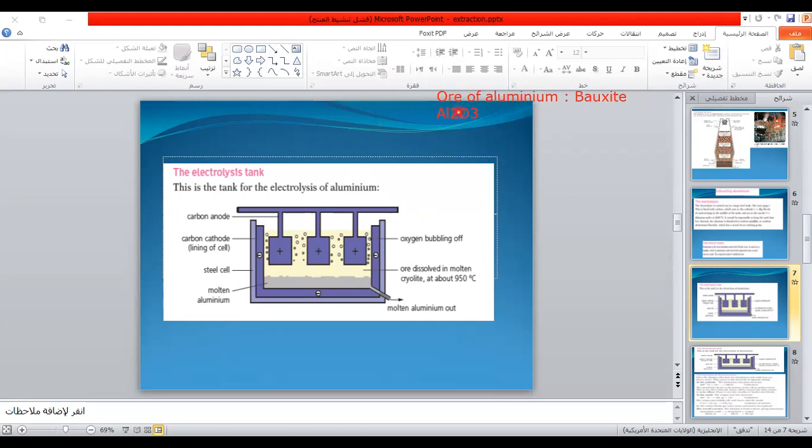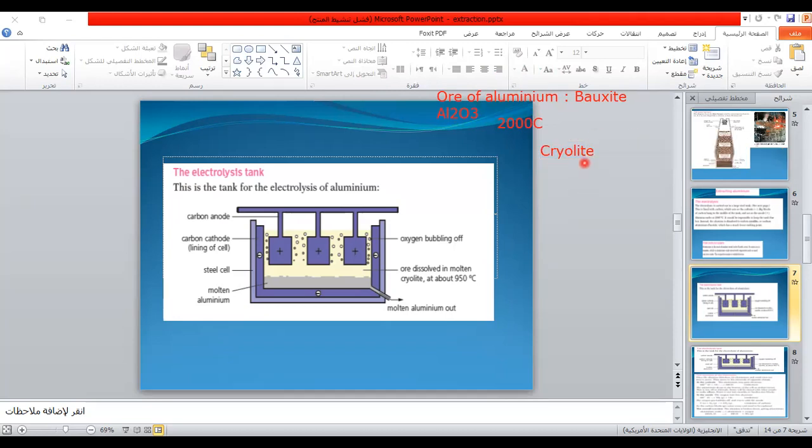Aluminium oxide is a solid. If you need to melt aluminum oxide, we need 2,000 degrees Celsius. This is a very, very high temperature. So instead of that, we will dissolve aluminum oxide in a substance known as cryolite. So why do we use cryolite?